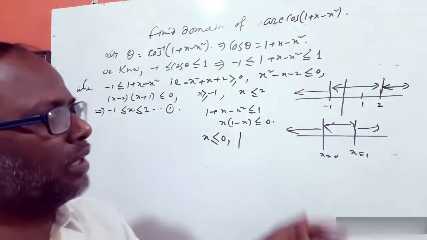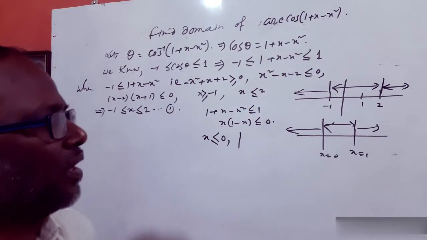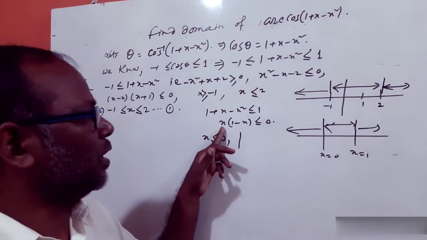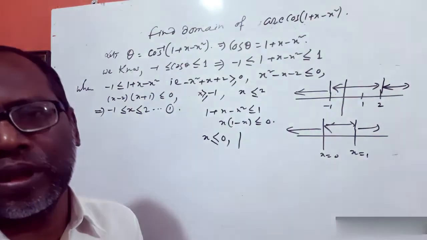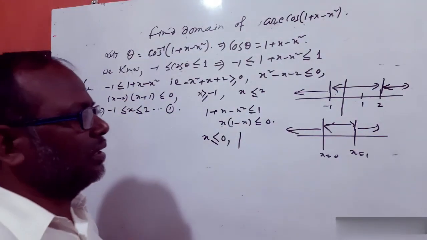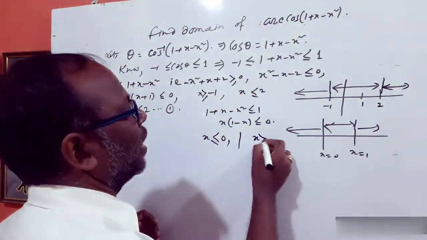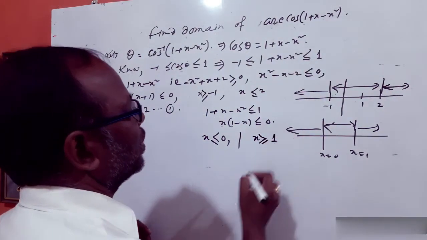Now we take the region more than 1. Like 1.1, if we put 1.1, we get positive, but 1 minus 1.1 is negative. So we can take the domain which is more than 1.